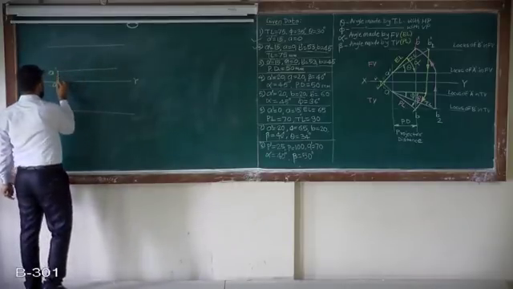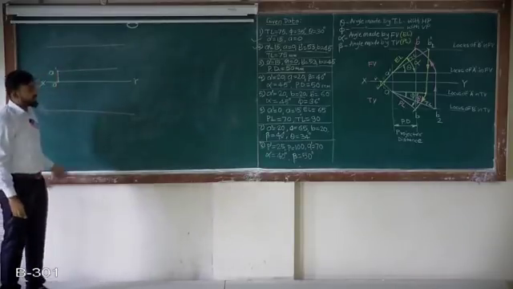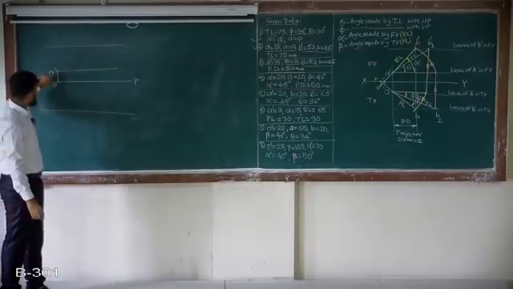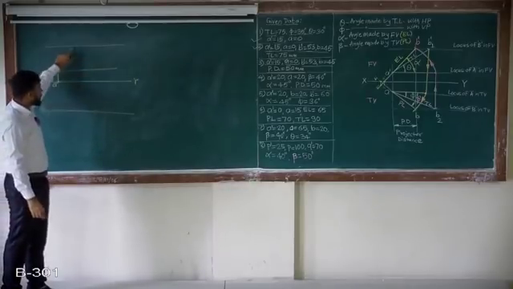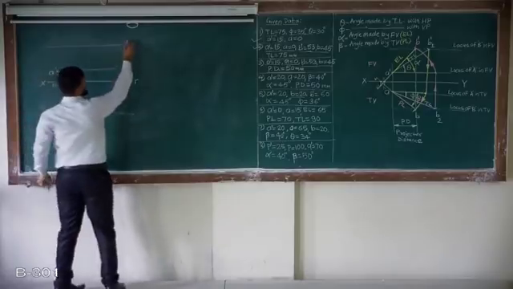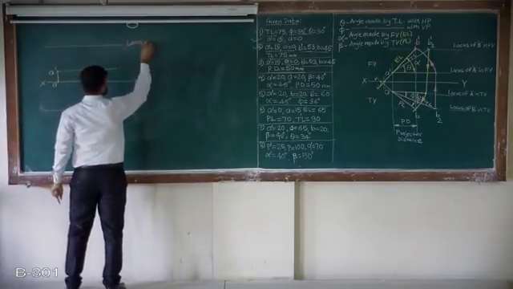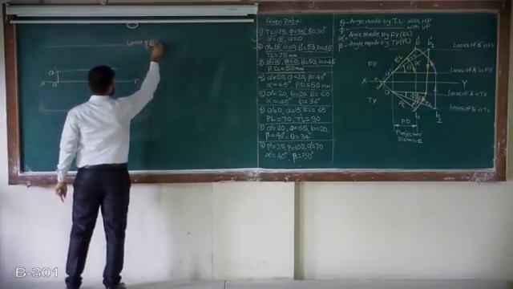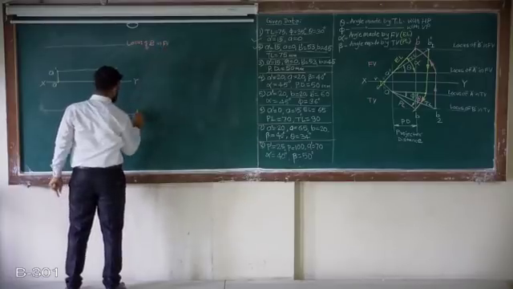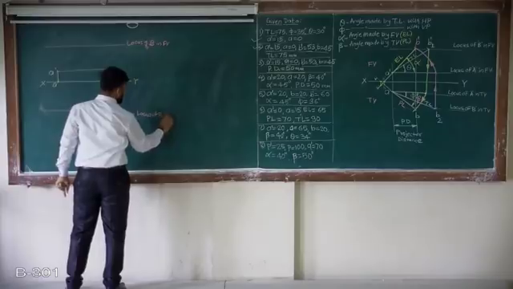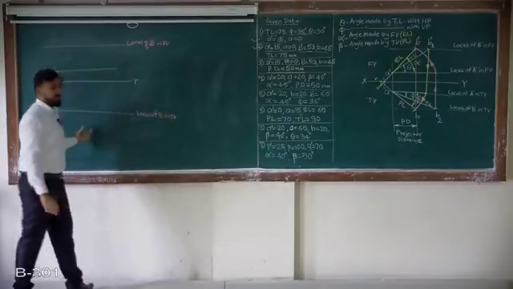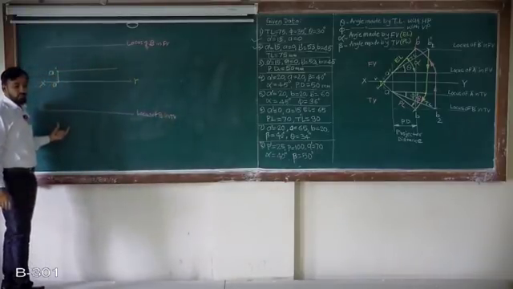In the previous problem, question number 2, I knew the true length from A dash and A onto the locus of B. This is the locus of point B in front view, and this is the locus of point B in top view. So the previous problem is the same up to the 4th parameter.